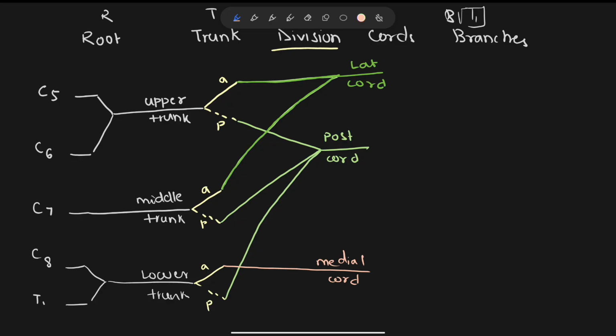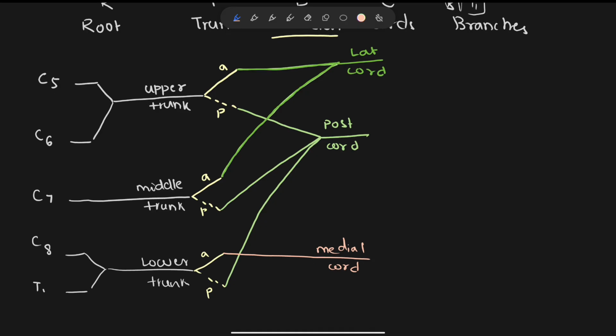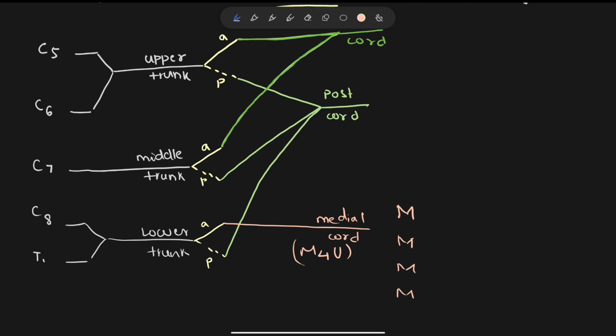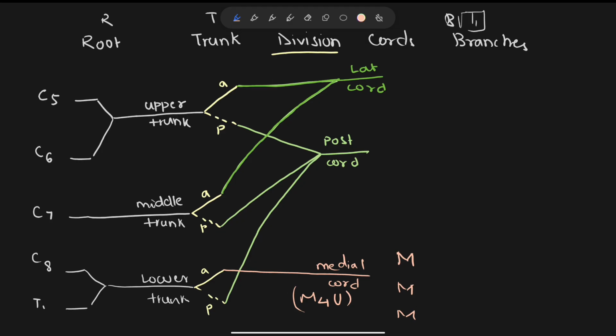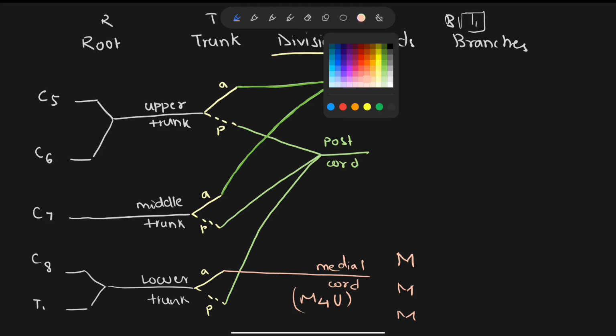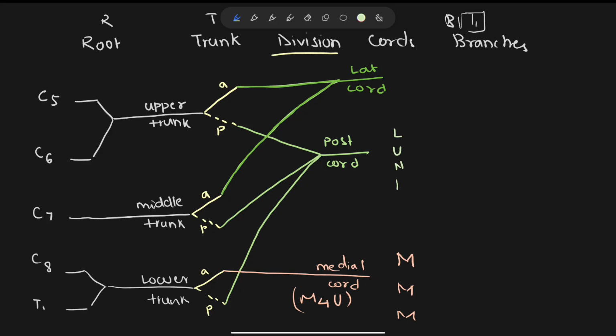So how are branches formed? We have some good mnemonics, or a good idea. From medial we have M4U. So 4 M's, 1, 2, 3, 4, and U. For posterior we have L, U, N, A, R, like lunar.